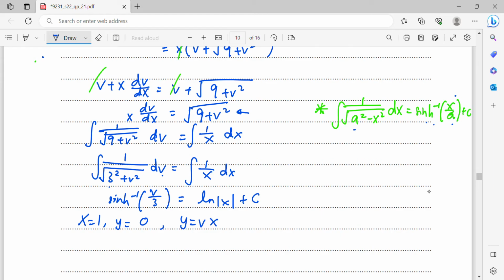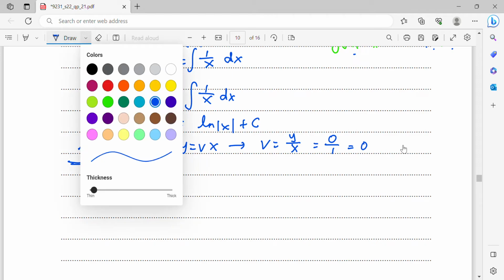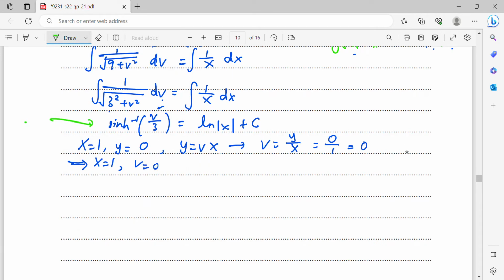Now we need to get the v here in order to get the c, which means your v is y over x, which is 0 over 1, also 0. So now I know that my x equals 1, my v is 0.